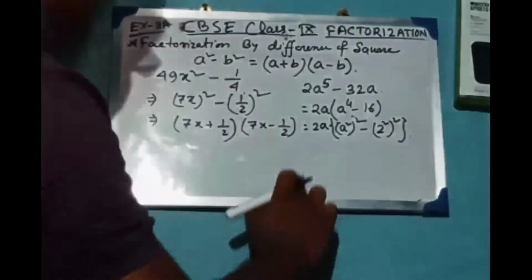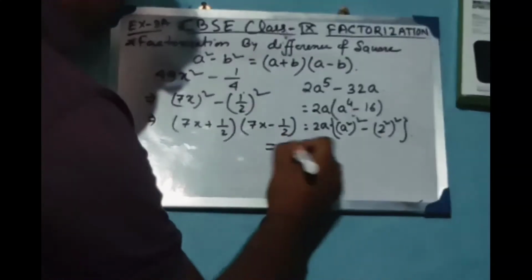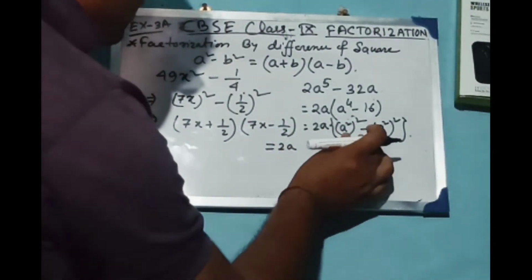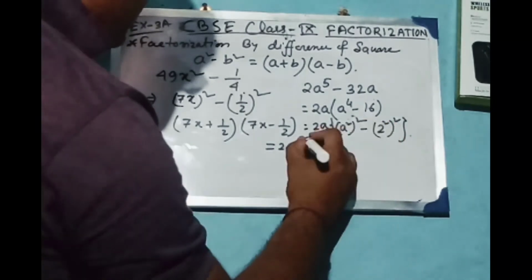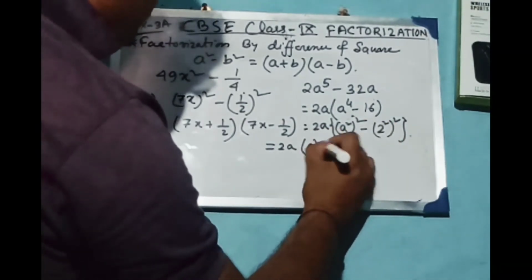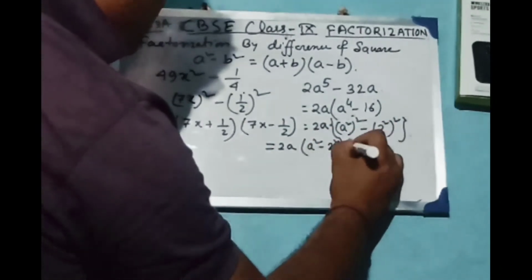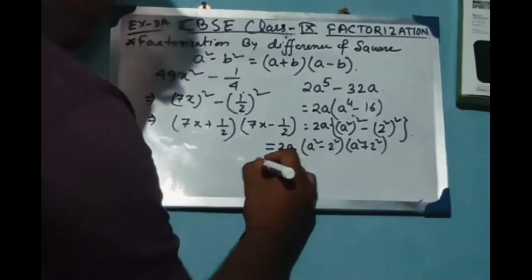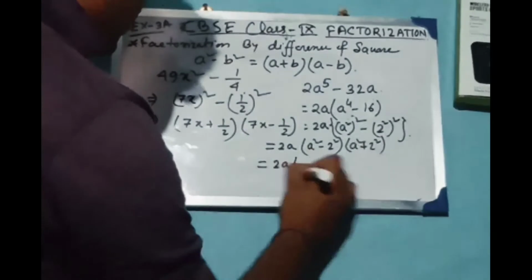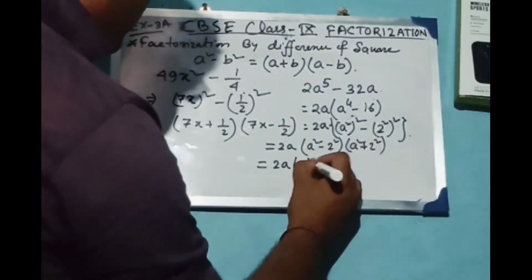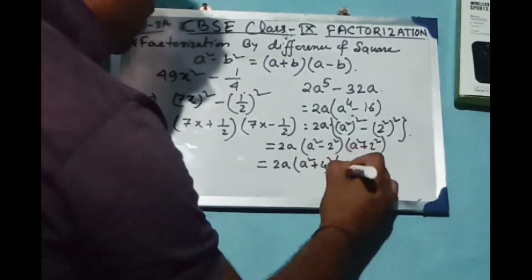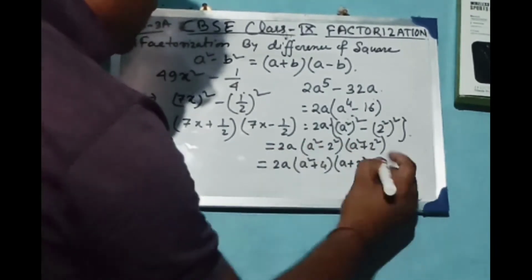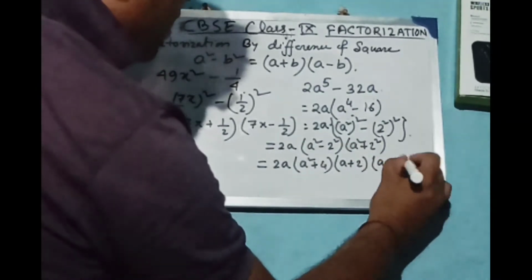Next line: 2a into (a square minus 2 square)(a square plus 2 square). So that can be written as 2a into (a square plus 4), and a square minus 2 square is (a plus 2)(a minus 2).